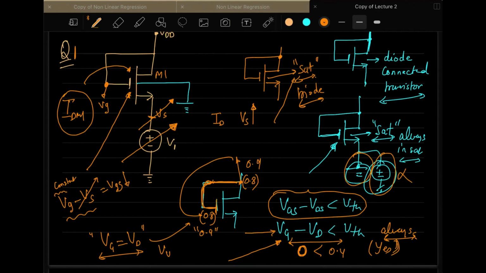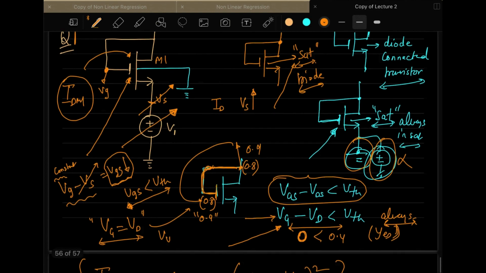So if VGS is decreasing, there will be a point when it becomes less than VTH, and then the current will be gone. This is the point where the current becomes zero.